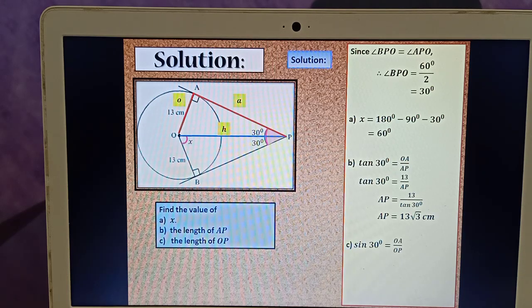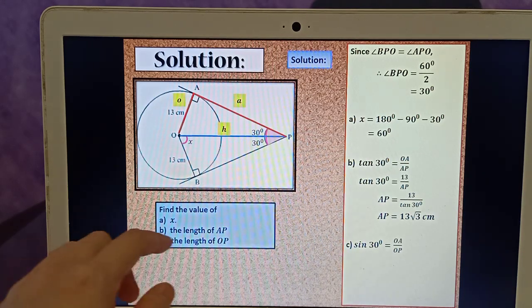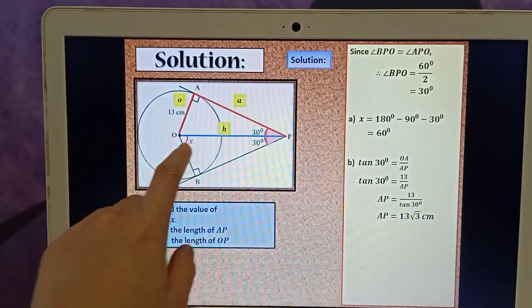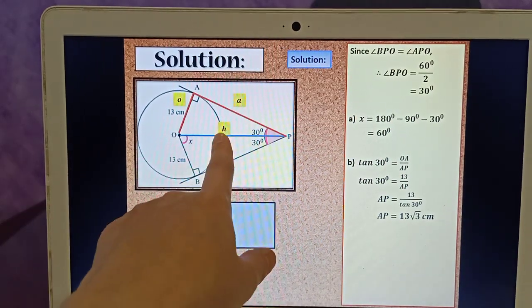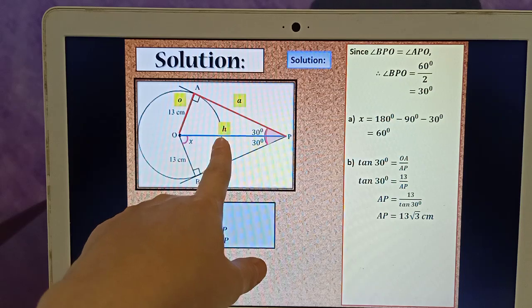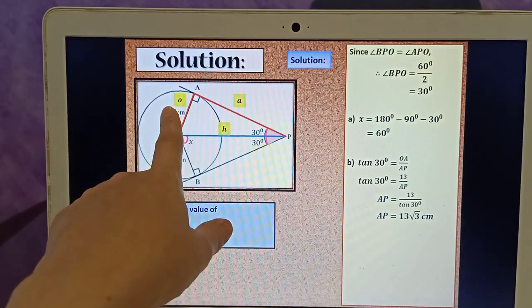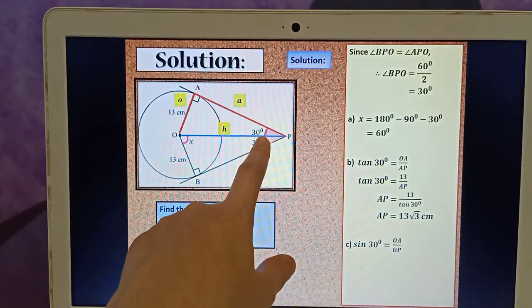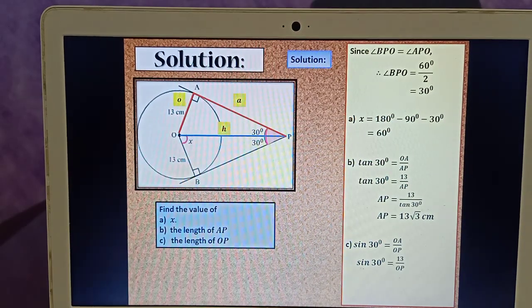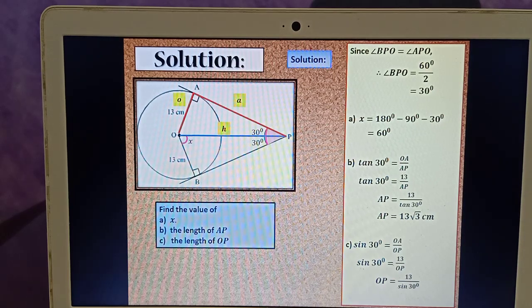And then to find C, which is the length of OP, we still use this triangle. OP is actually the hypotenuse, so I will need to use SOH. I will use sin 30 degrees equals opposite 13 over hypotenuse, which is OP. By using the same method as the previous one, you just switch it and you will get OP is equal to 26 cm.